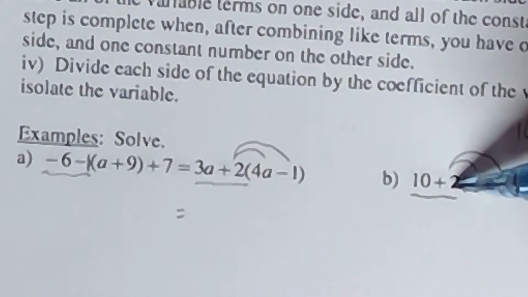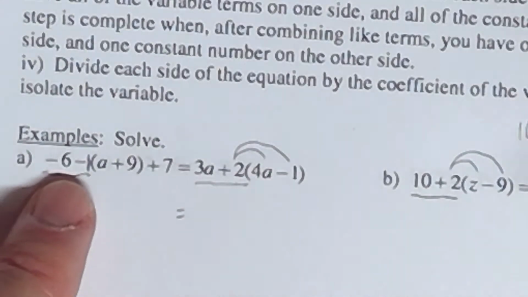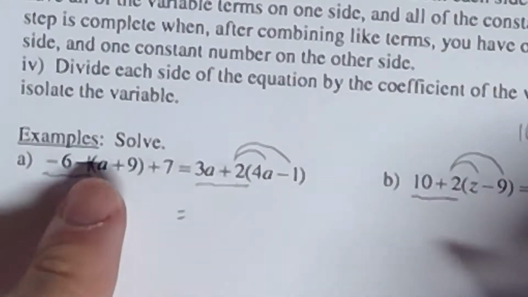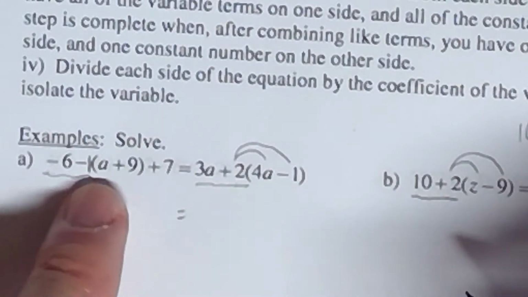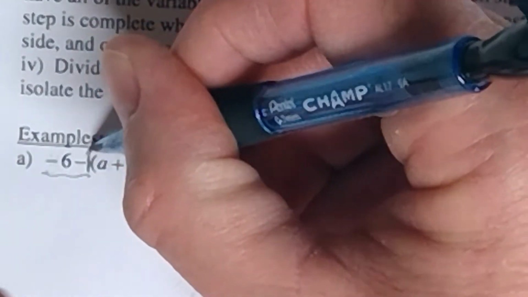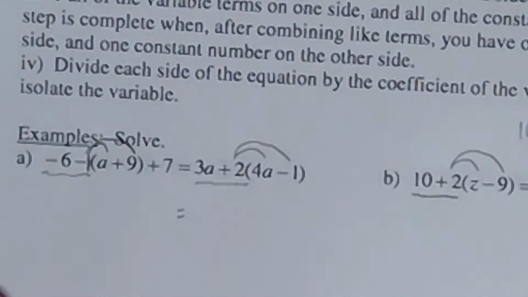Okay, so 10 plus 2 is 2 terms, negative 6 minus 1 is 2 terms. You are only allowed to distribute the closest term if there's no bracket there. So the negative 1 gets distributed to the a plus 9.